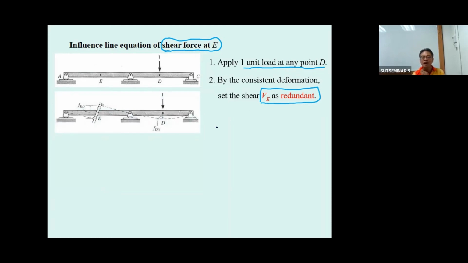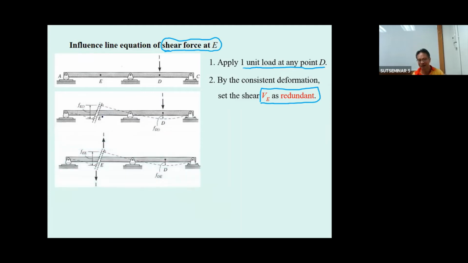When we release the resistance to V sub E, this is going to produce some deflection. And then when you put V sub E into this structure for 1.0 unit, you get an answer. So the relative deflection at E is going to be 0.